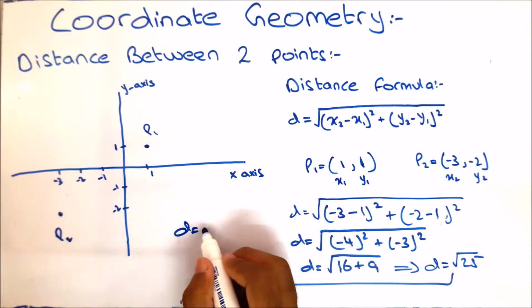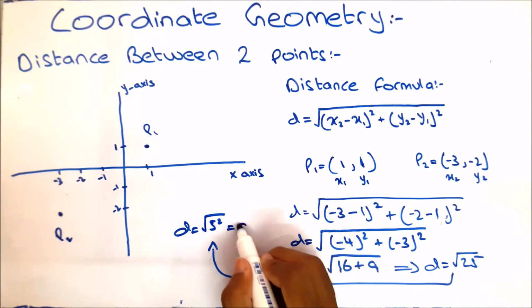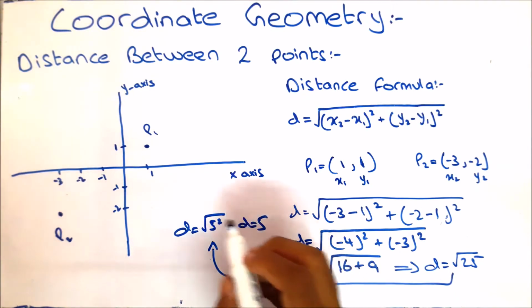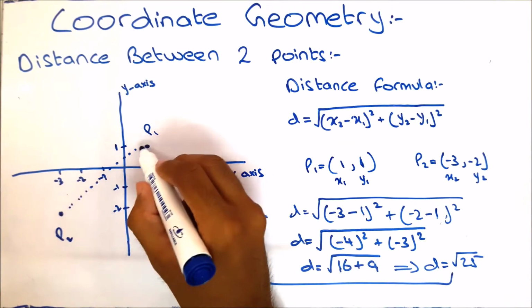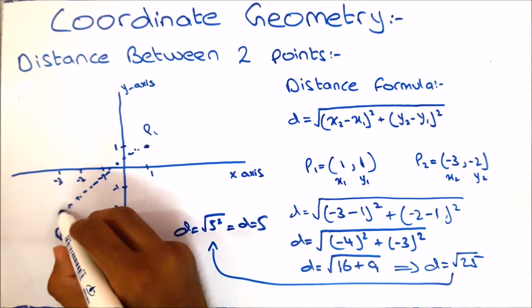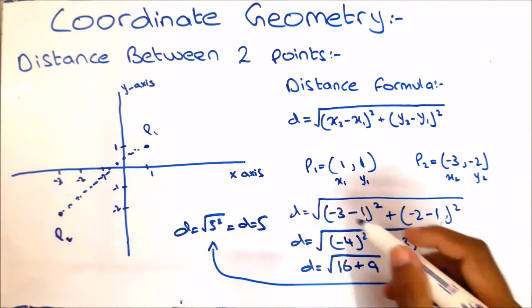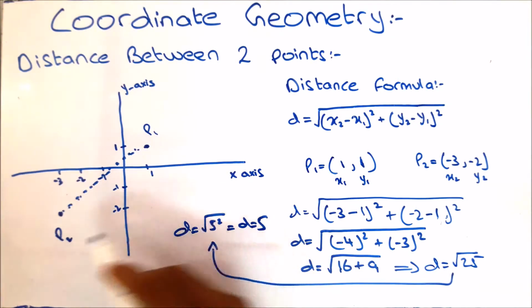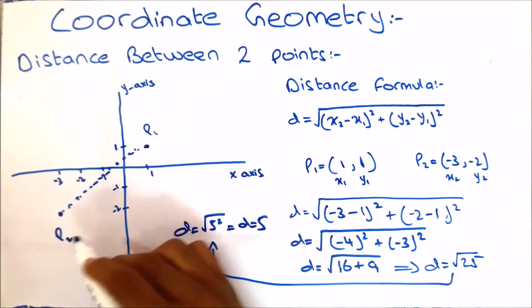D is equal to under root 5 squared, and this becomes D equals 5. The distance between these 2 points, the shortest distance between 2 points, is this. D is equal to 5. The distance can be from this, but the shortest distance is what we are talking about.